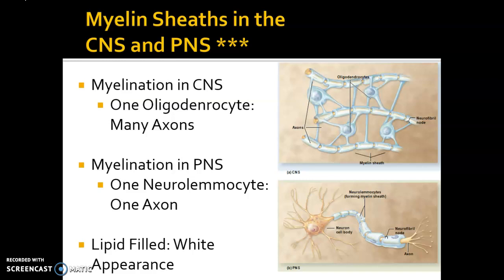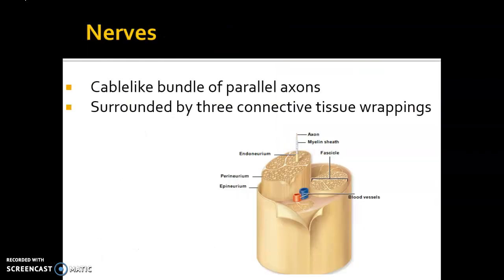And in the peripheral nervous system, shown by the picture on the bottom, we see each neurolemmocyte myelinating only one axon. And why are myelin sheaths so bright and white in color? Because they are lipid filled, so they are shiny white in color.